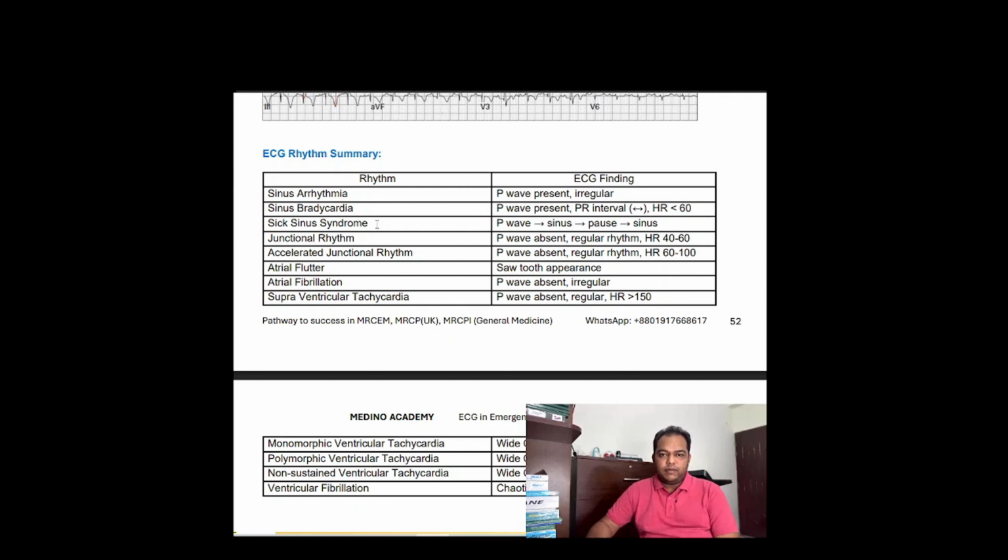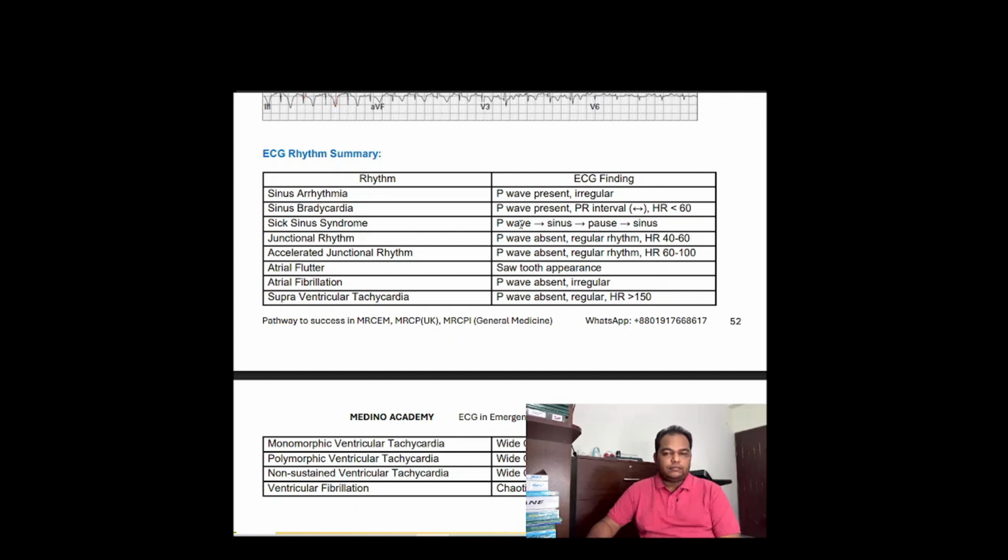Sick sinus syndrome, P wave is present. So P wave is normally conducted here, producing QRS complexes, but then there is no P wave. That means there is a pause. This is called sick sinus syndrome.